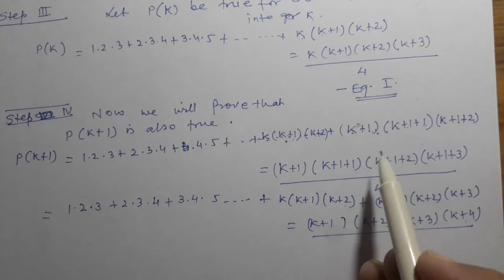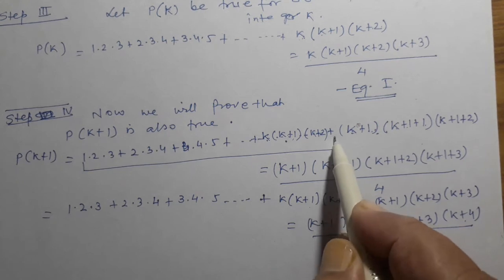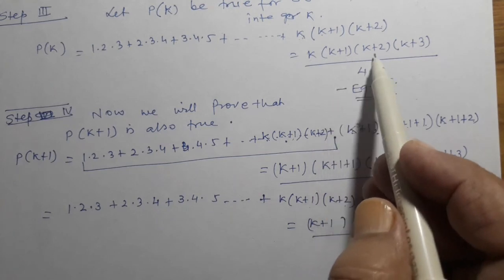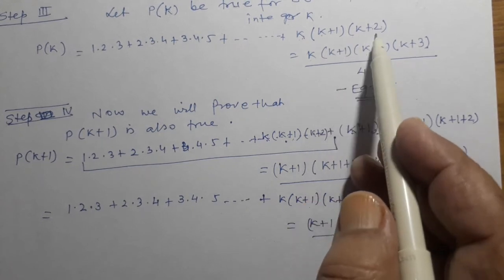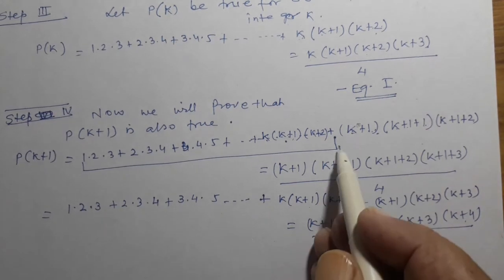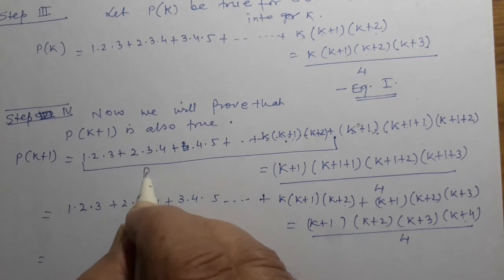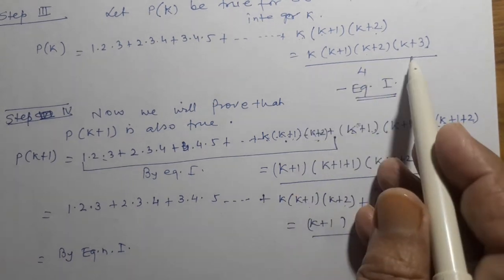Now we see that up to here, okay, it is equal to k plus 1, k plus 2, k plus 3 in step 3. So it is k plus 1, k plus 2, it is equal to this. So up to here we shall write by equation 1. Here we shall also write by equation 1. Up to this we can write equal to this.